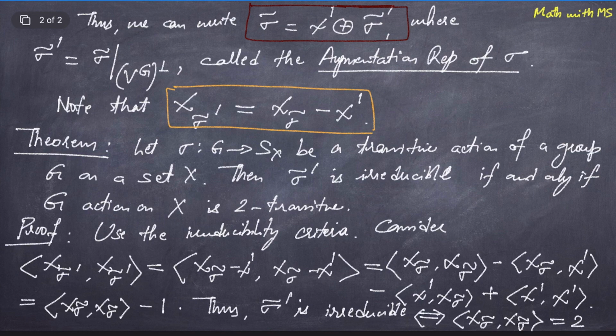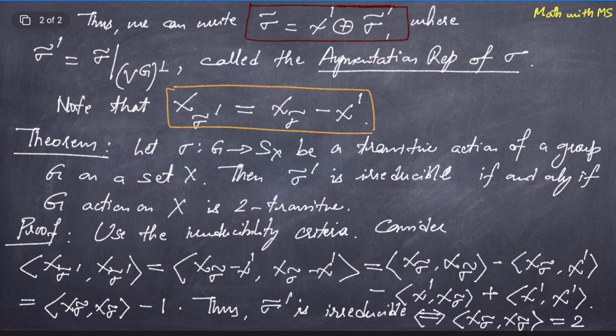Recall from lecture number 9 that the inner product of the character of the permutation representation with itself is precisely the number of orbitals, that is the number of orbits of the two-fold diagonal action of sigma on x cross x.